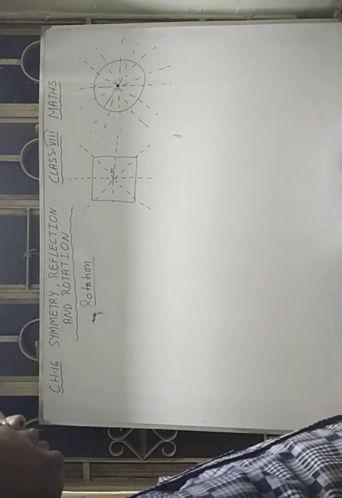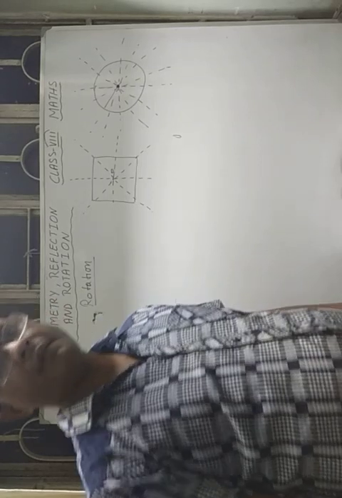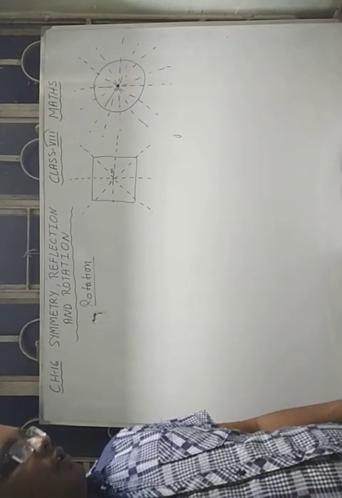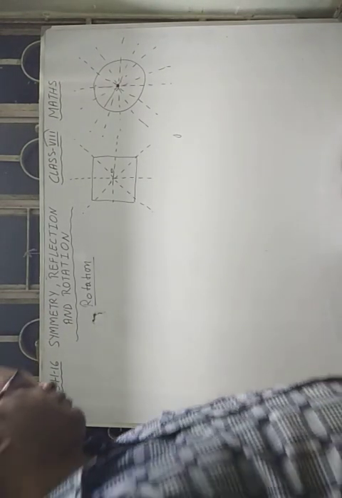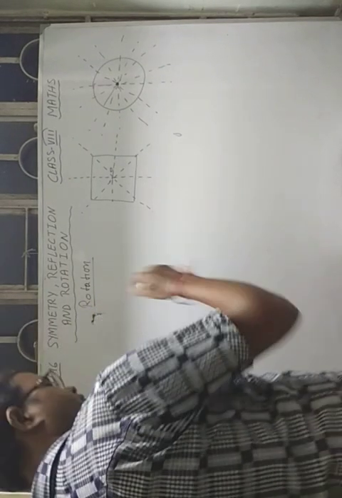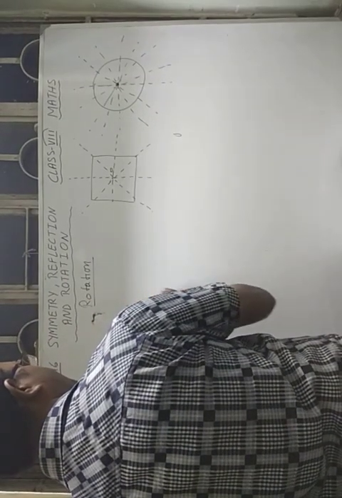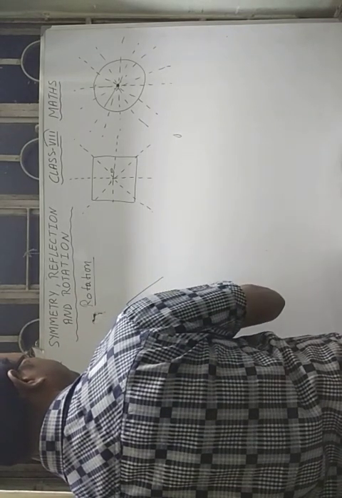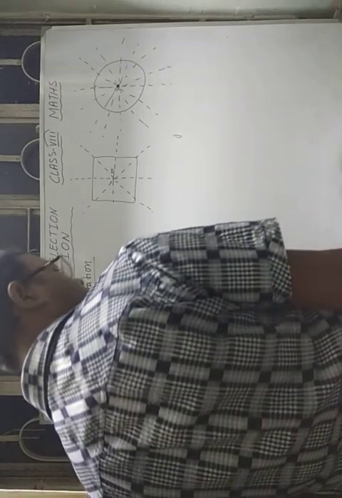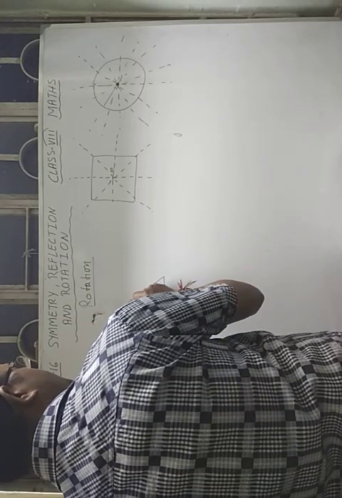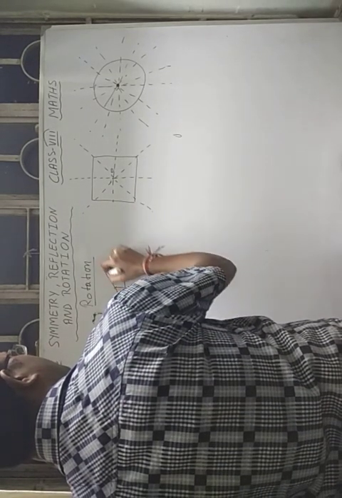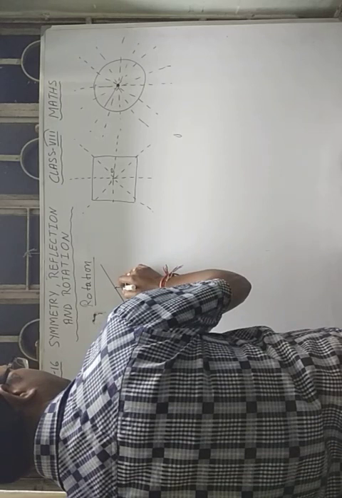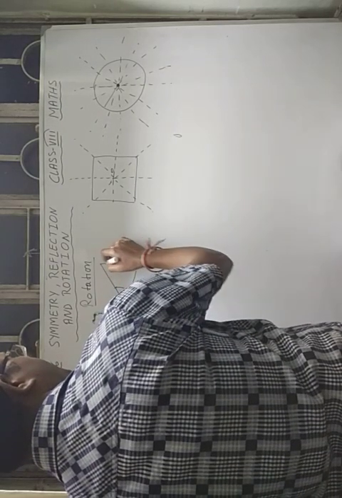And the number of times a figure can be rotated like this is called the order of rotational symmetry. So what is rotational symmetry? If you take a triangle like this and rotate it by this angle, you will get another triangle like this.